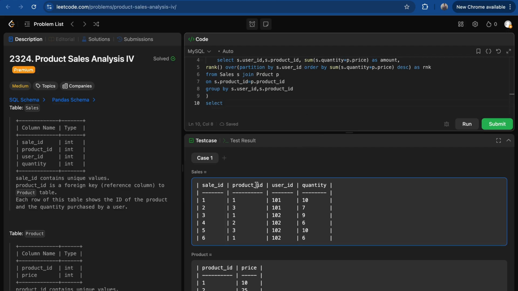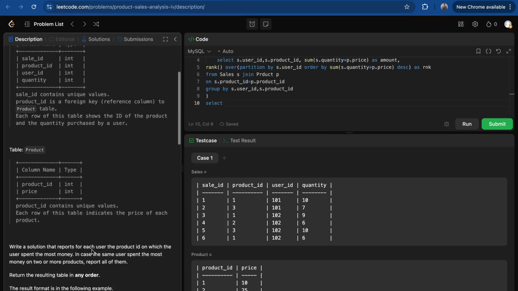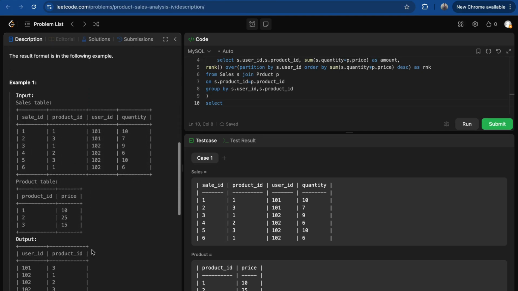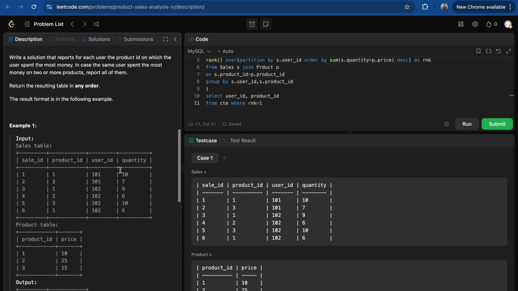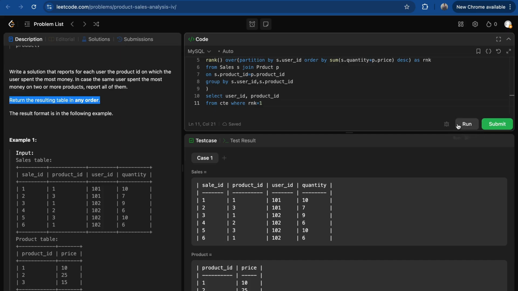We have to return the user ID and product ID. So I will be using select user ID, product ID from the CTE where the rank should be 1. We don't have to order it. Let's run this one.